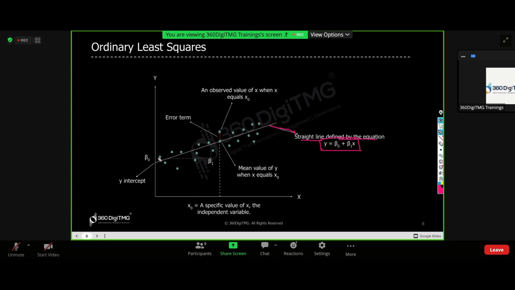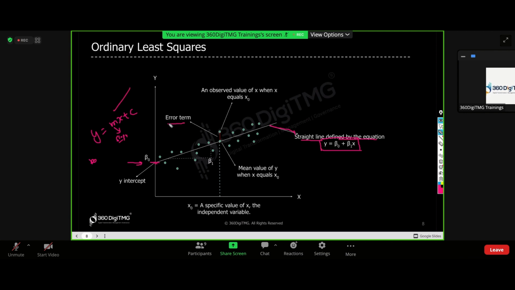This is beta naught, which is the intercept, as I said, and beta 1 is the slope of the line. If you compare with the equation y equals mx plus c, this m is the slope of the line, c is constant, and beta naught is this intercept. In your school days, maybe you have gone through this equation.